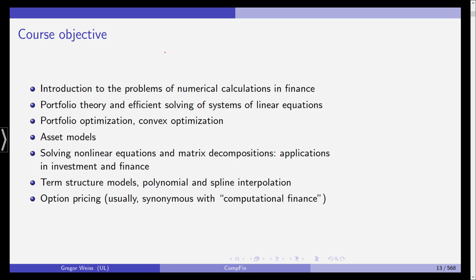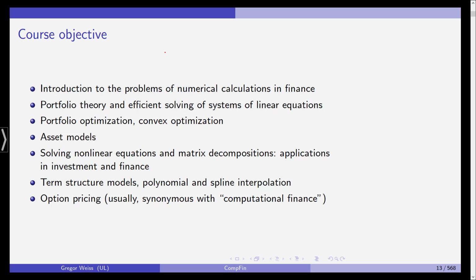And I think the most important topics then obviously are portfolio optimization, asset models, solving equations, optimization again, also a little bit of matrix decompositions. You sometimes need those in between. Term structure models, interpolation, and option pricing.